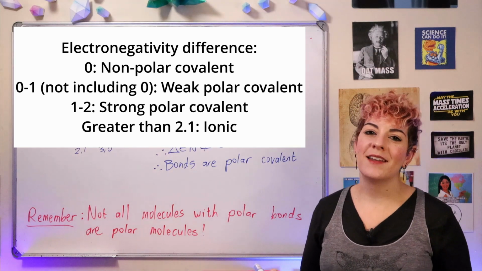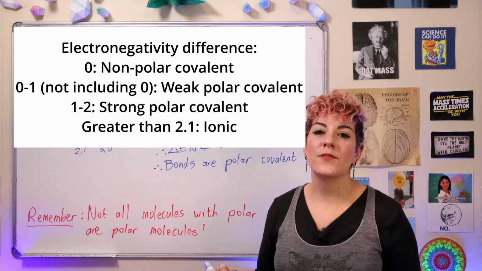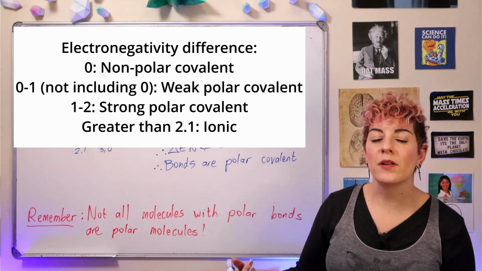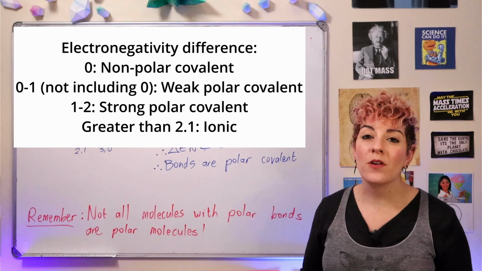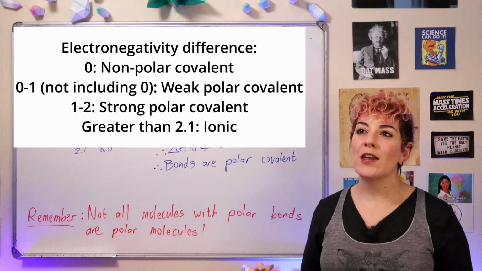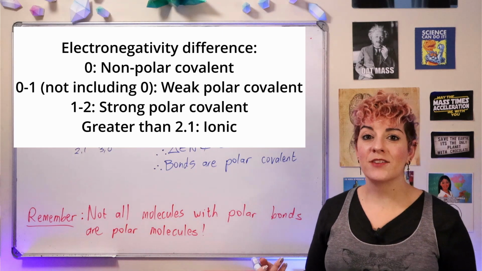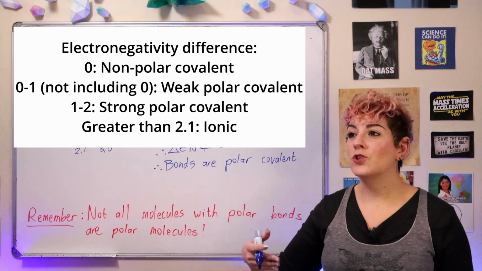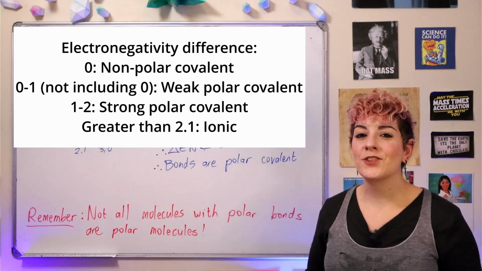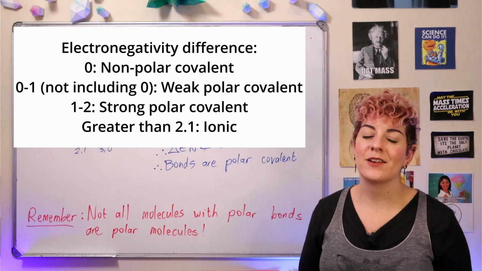For example, an electronegativity difference of 0.4 might be considered a weak polar covalent bond. Now, if your electronegativity difference is between 1 and 2.1, that's considered to be a strong polar covalent bond.